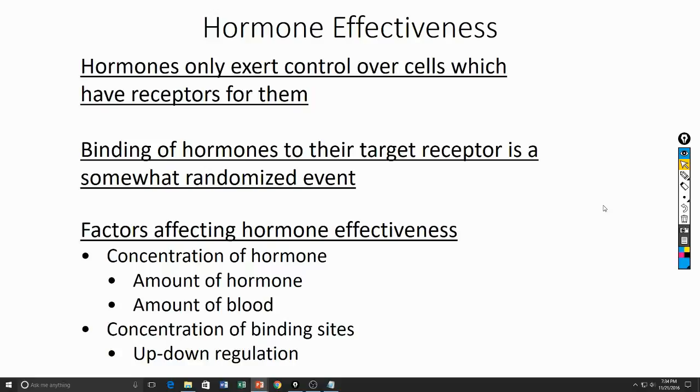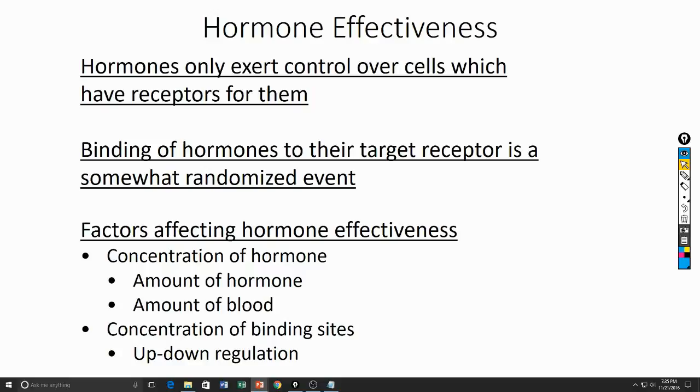Okay, so let's talk about the effectiveness of hormones. Hormones, of course, can only exert any kind of control over cells which have receptors for them. And as I've said, the binding of that hormone to the receptor is kind of a random thing.